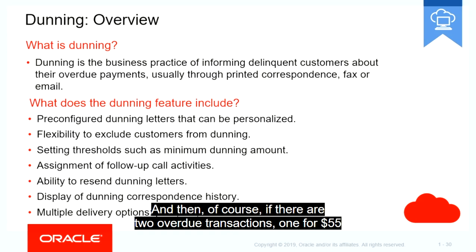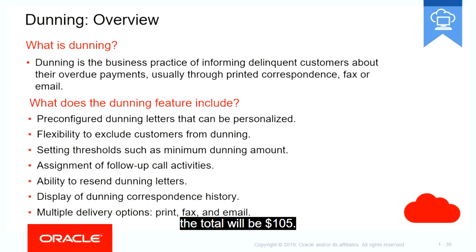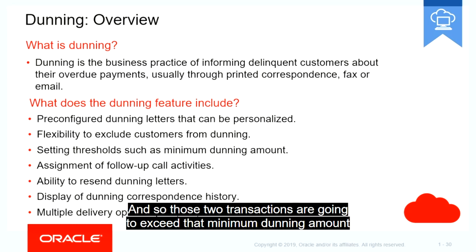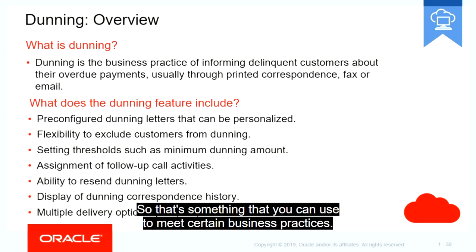And then, of course, if there are two overdue transactions, one for $55 and another one for $40, when you add up those two transactions, the total will be 105. And so those two transactions are going to exceed that minimum dunning amount threshold that you have set. So that's something that you can use to meet certain business practices.